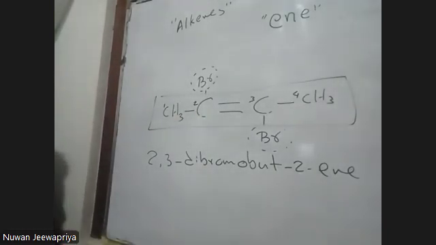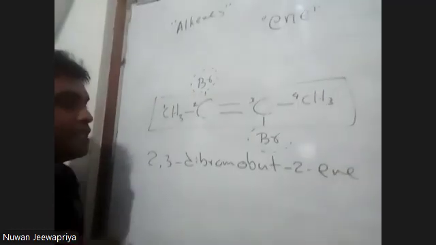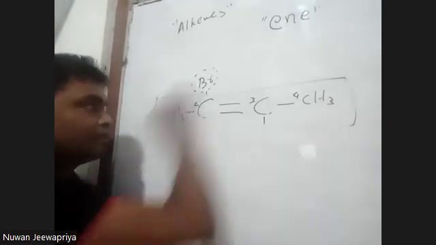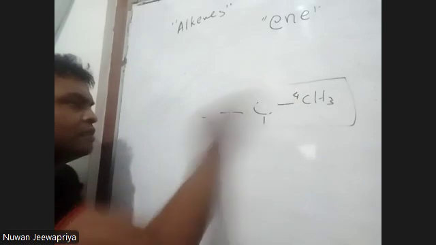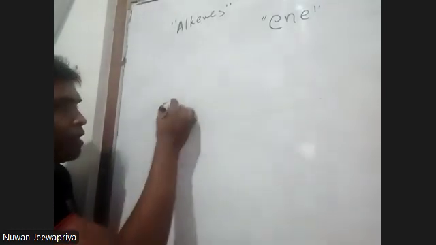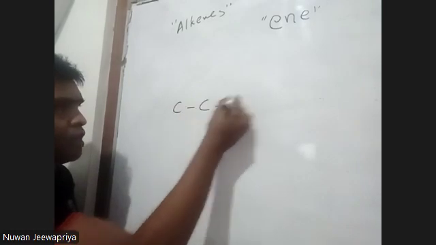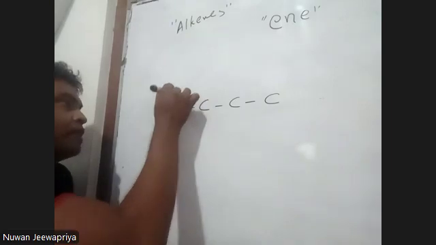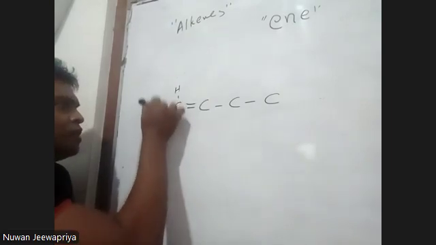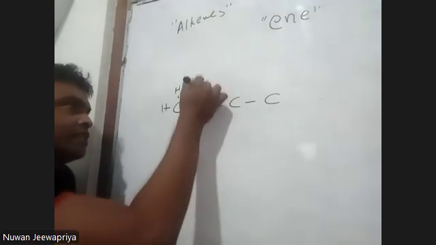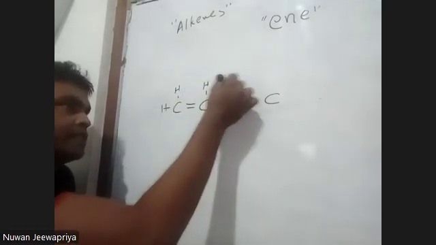Right. Now we concern another one. You see this way. Now 1 carbon, 2 carbon, 3 carbon, 4 carbon. I put a double bond here. So now this carbon has 4 bonds. This is 3, 1 vacancy for hydrogen.